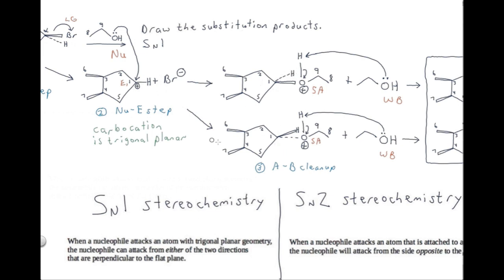On the other hand, in this branch of the mechanism, the alcohol attacked from behind the page. While the alcohol attacked from behind the page, it pushed the hydrogen forward to point in front of the page. So the hydrogen will be pushed either behind the page or in front of the page, depending on which direction the nucleophile attacks from.